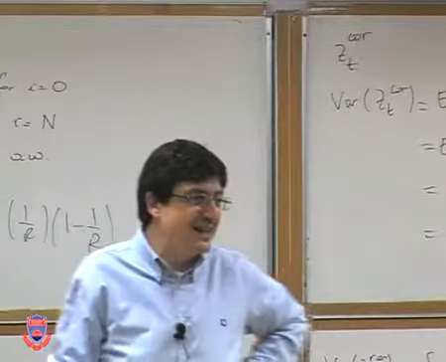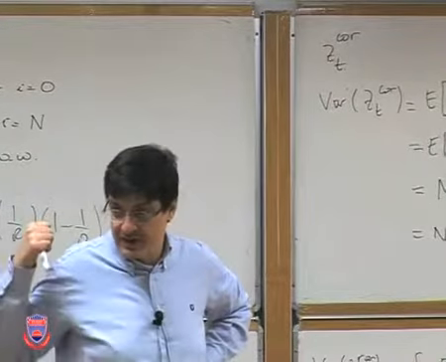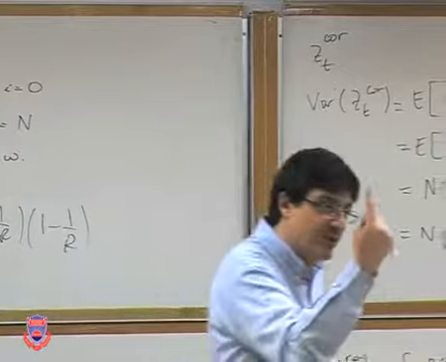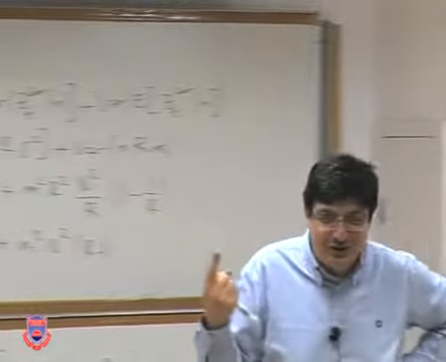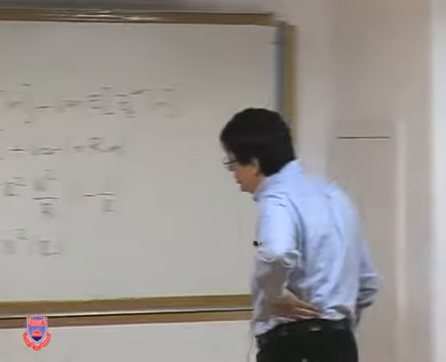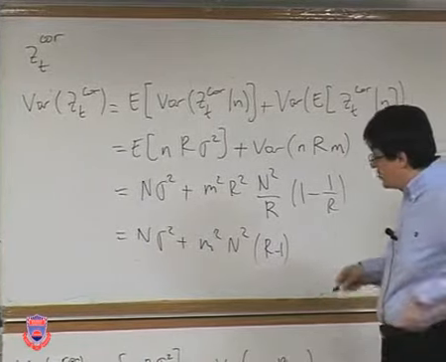So it will be exactly the same case as when we had r equal to 1 in the previous case. It doesn't matter whether it is random or not, because you have only one day that you can order. So in that case, there is no bullwhip effect. Otherwise, the bullwhip effect is going to be m square, n square, r minus 1.